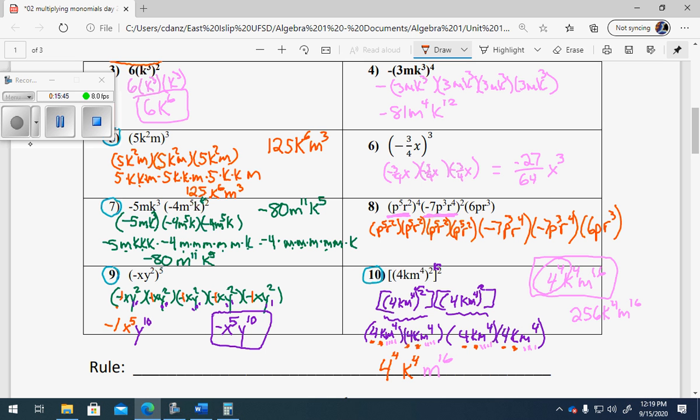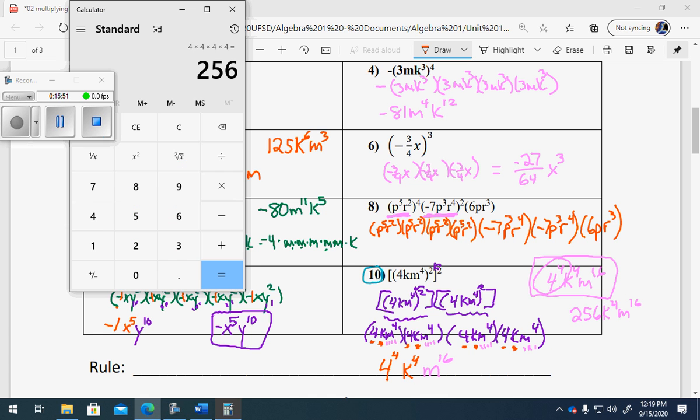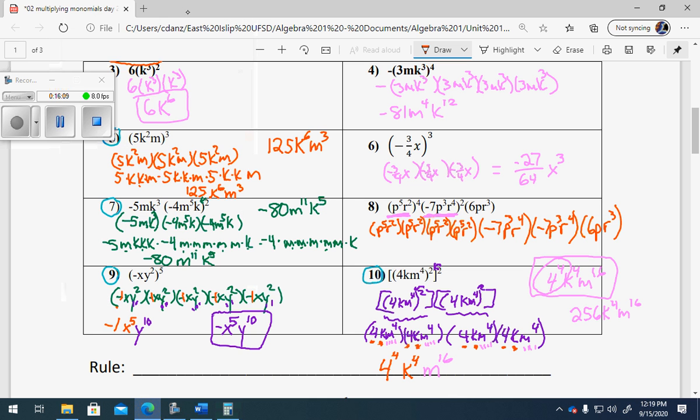And if I take care of my numbers, I have to do negative 7 times negative 7 times 6, which is 294. So I have 294.